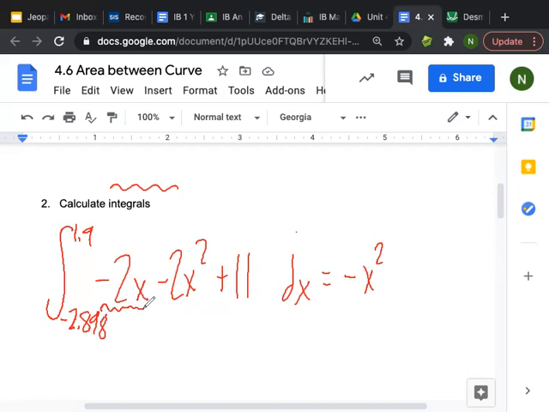And then the next one, I would add one, so I have negative 2/3 x cubed plus 11x with the bar from negative 2.898 to 1.9.